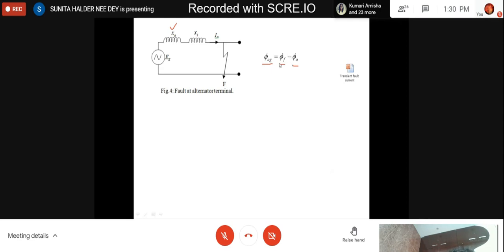You are doing nothing in the field circuit, and phi A has been increased due to high fault current. Then obviously this air gap flux will try to decrease, but according to the constant flux linkage theory, this change cannot happen instantaneously.